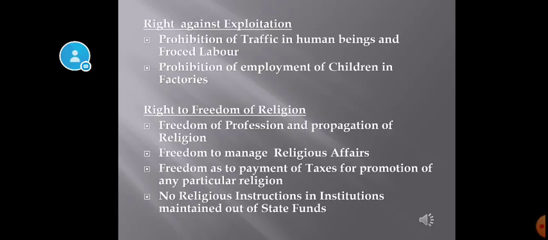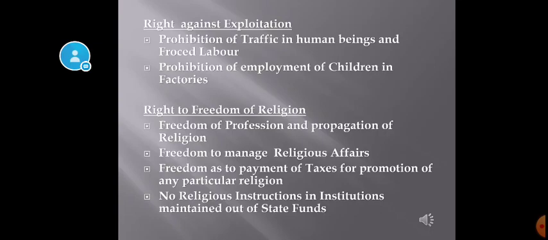A second feature which comes under the right to freedom of religion is freedom to manage religious affairs. The Constitution guarantees the right to establish and maintain institutions for religious and charitable purposes. Every religious sect has the right to own and acquire movable and immovable property.